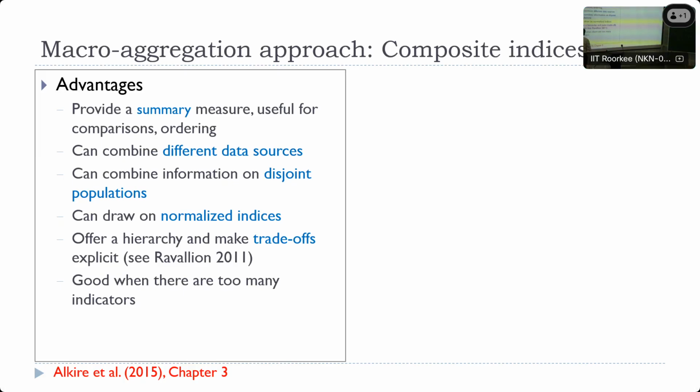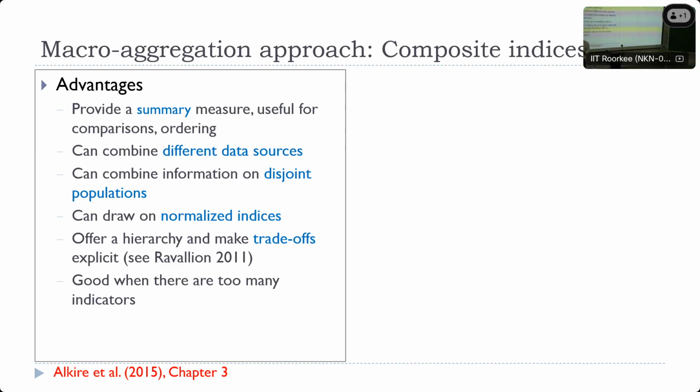Of course, given that they use macro data, they can combine different data sources. It can also combine information on disjoint populations. Say if you have data on children, you get a summary measure. Data on women, a separate summary measure. Data on elderly, a separate summary measure. If you have separate summary measures, you can just combine them. It also offers a trade-off in terms of weights.